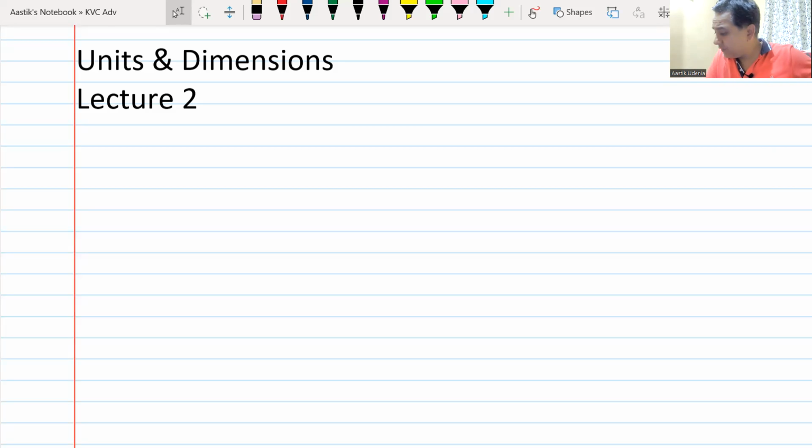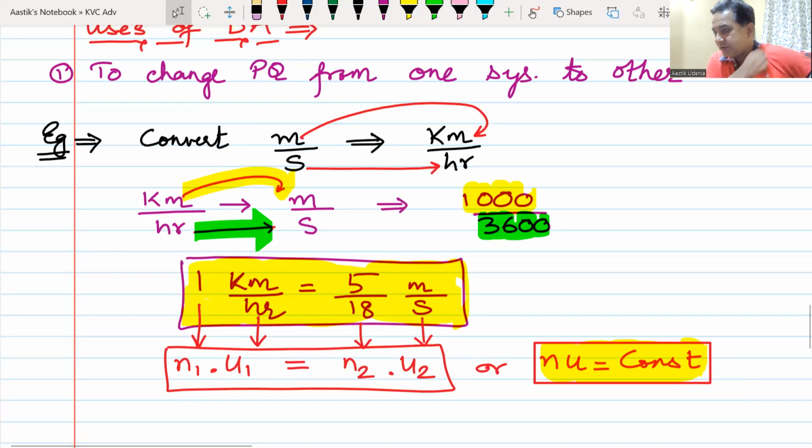In yesterday's class, we had seen what do you mean by dimensions, and we had started with the use of dimension. Yes or no? We had seen that the first use of dimension is to change a physical quantity from one unit or one system to the other system.